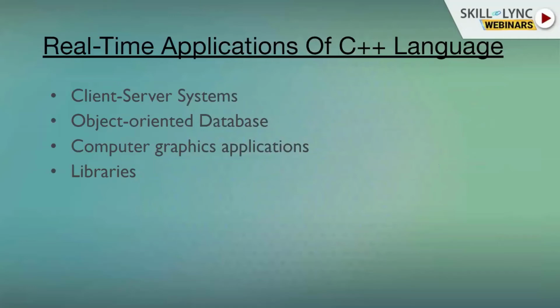So what are the real-time applications of the C++ language? We have several applications of the C++ language as it continues to grow and expand its standard library functions. We have exclusive features added to it, so we can use it in GUI applications, operating systems, web browsers, data management systems, and cloud computing or distributed applications.